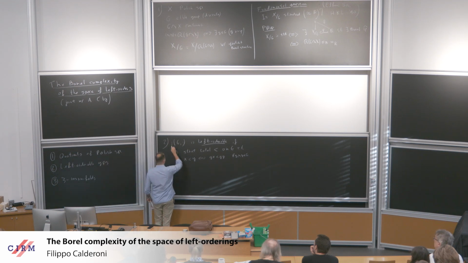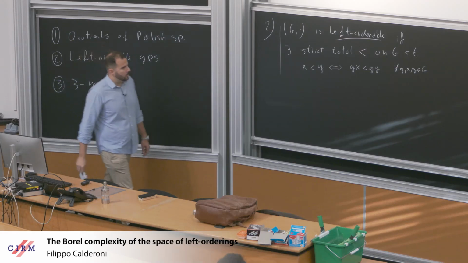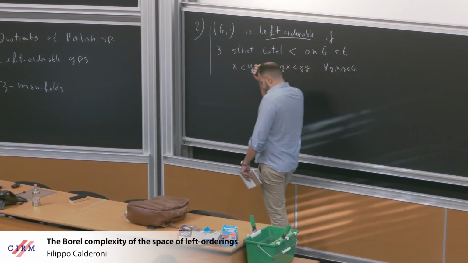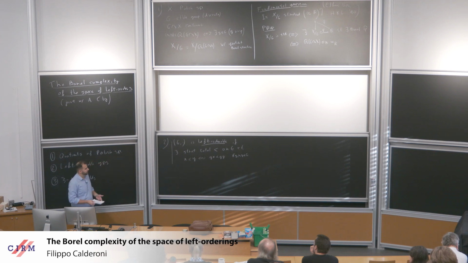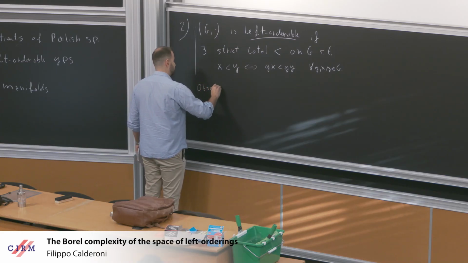Okay, so there are different reasons to care about this notion. One of the reasons is that this is a natural notion that strengthens the property of being torsion-free. So if we have a group with, let me write this as an observation.